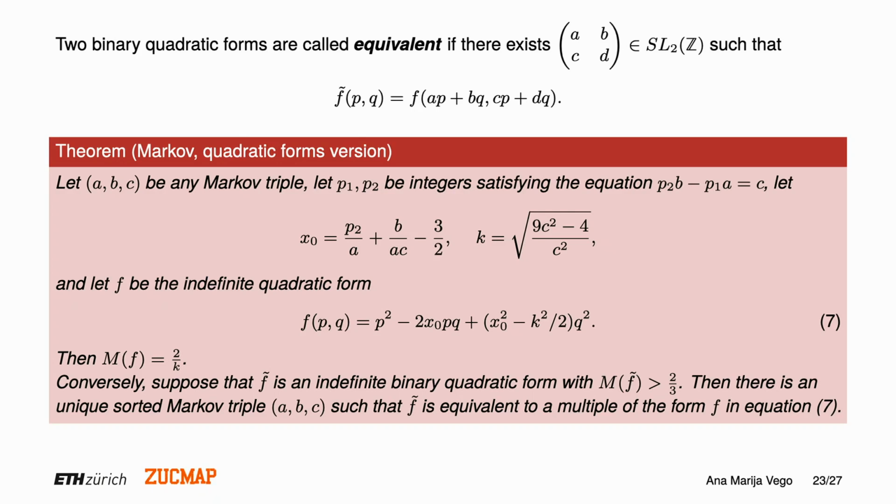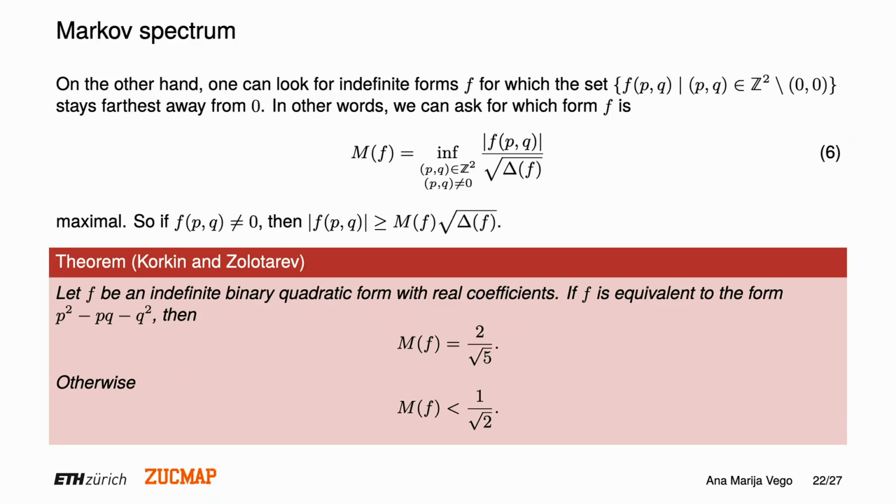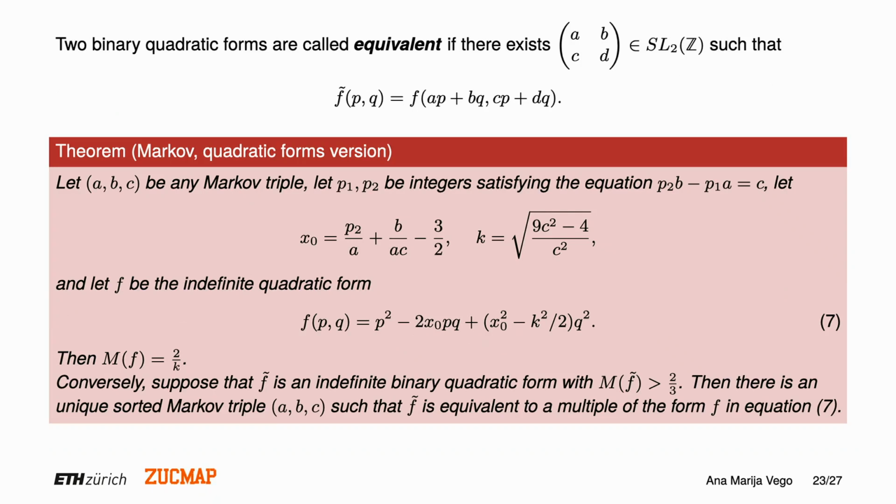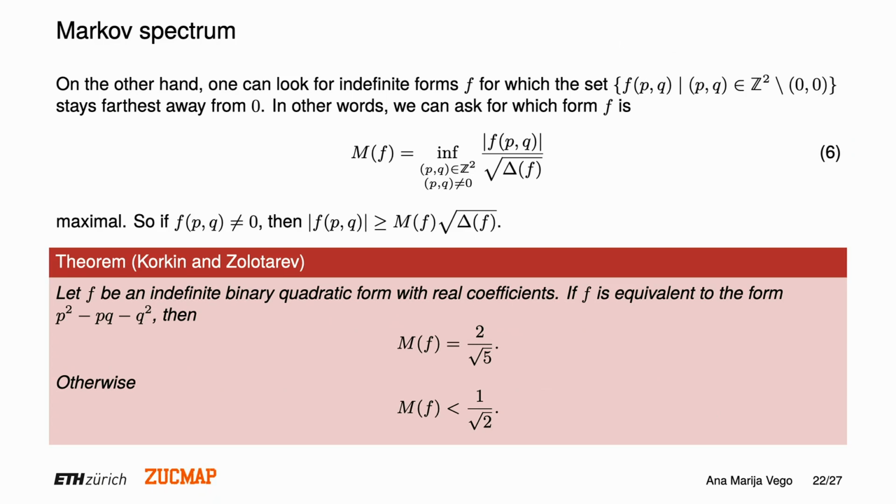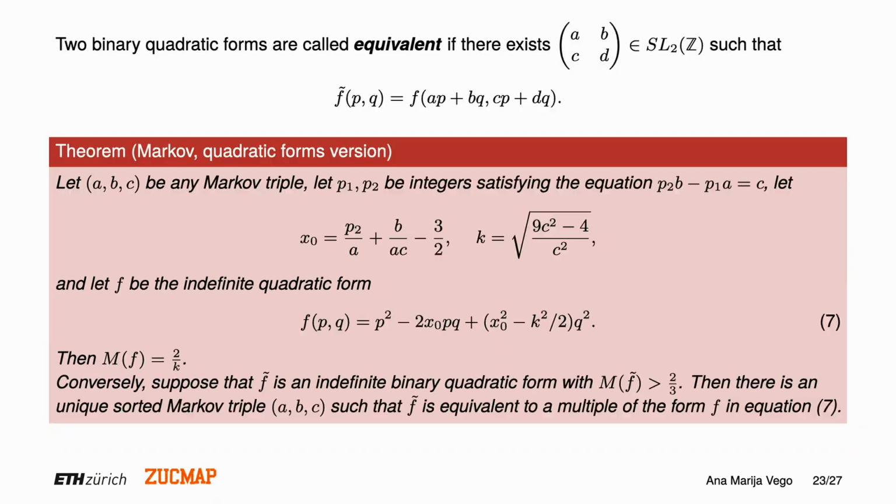So this infimum that I had defined here is attained. And that's pretty nice, because we can just compute this constant m of f and plug it in here, and we know what are the lowest values that the absolute value of f of pq can take. So that's pretty neat.